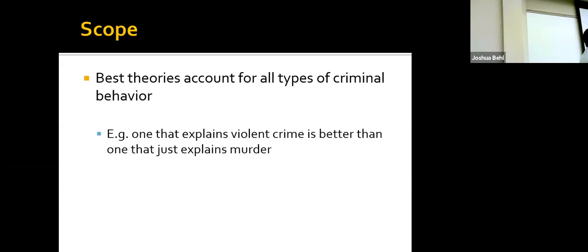However, if the policy for that is tighter monitoring of dorm rooms, that's not a great policy to stop homicides in America, right? If we just control the dorm rooms more, there'd be less homicides. Because there's not a lot of homicides that take place on college campuses, right? And so that theory might do a really good job of explaining underage drinking, but it does a really bad job of explaining any other type of crime, right?